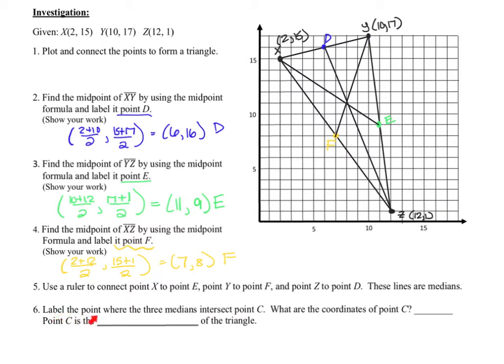Now let's label the point where the three medians intersect as point C. So they're going to be intersecting right here. Label that as point C. What are the coordinates of point C? The coordinates of point C are 8, 11. So point C is called the centroid of the triangle.